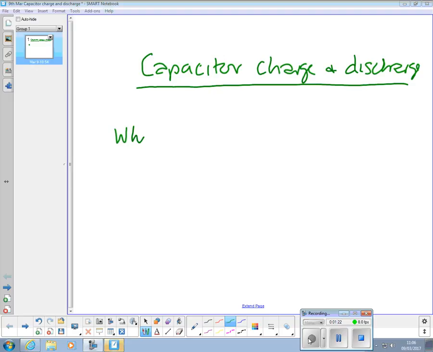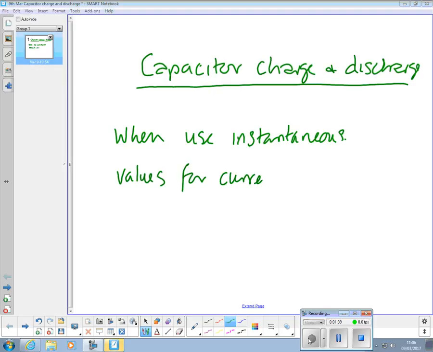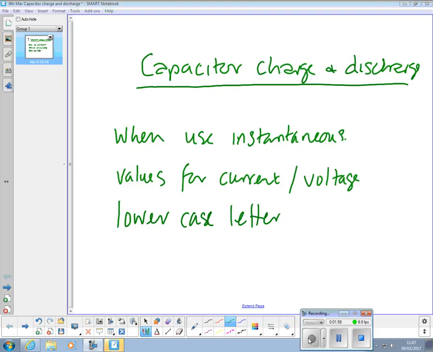And when we use instantaneous values for current, voltage, and really any other varying engineering quantity, but in this instance current and voltage, lowercase letters are used.